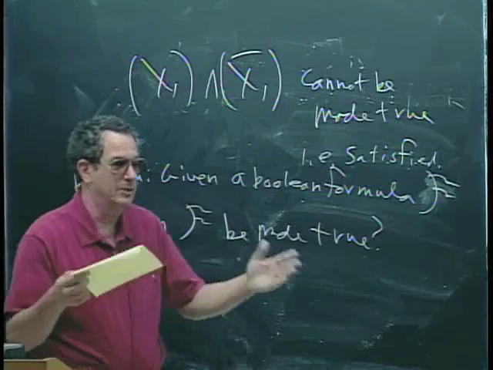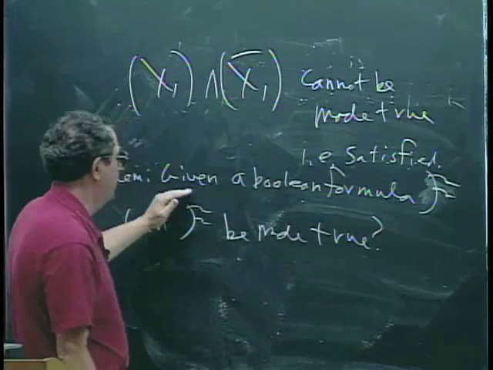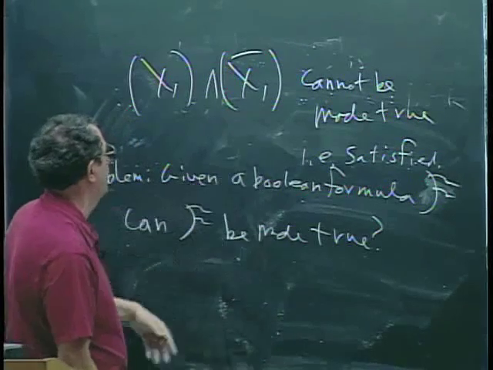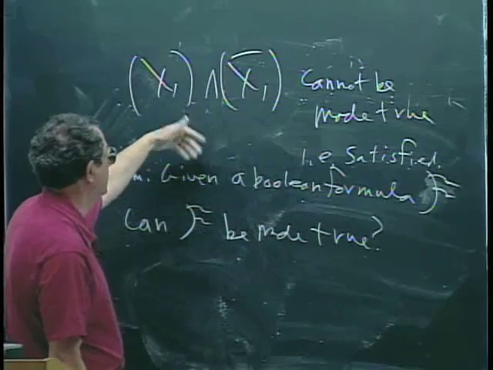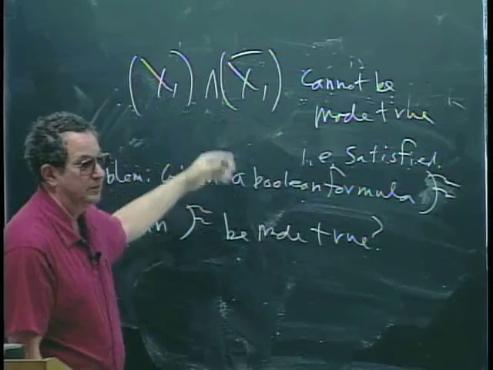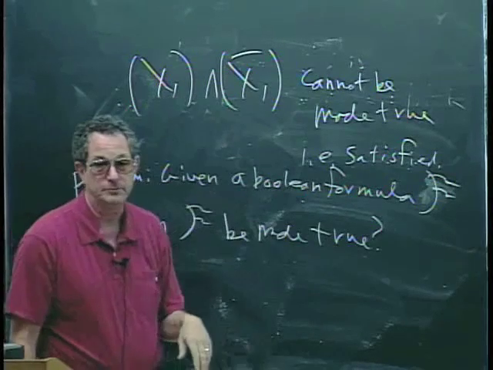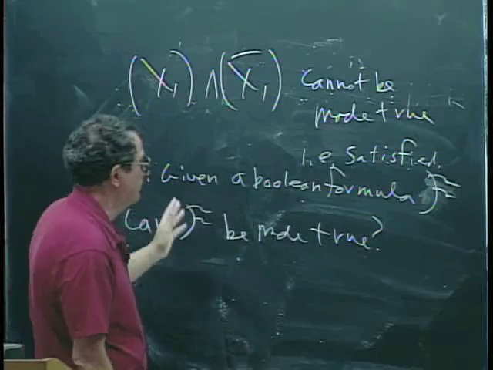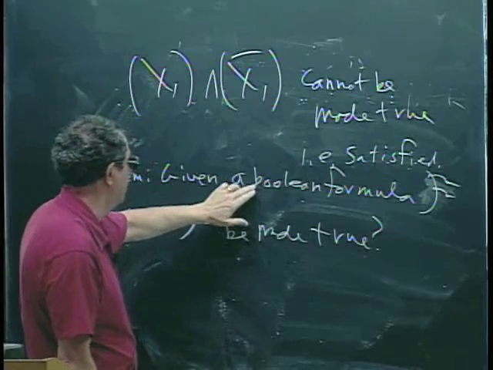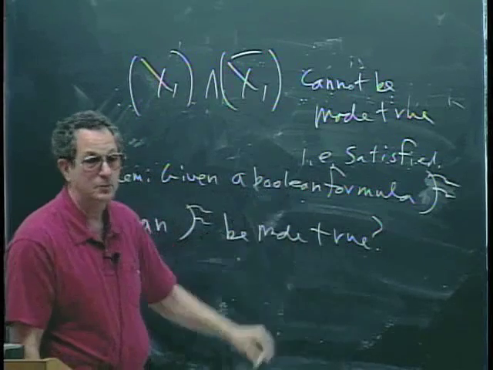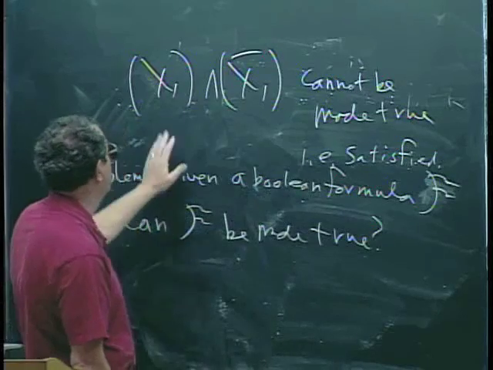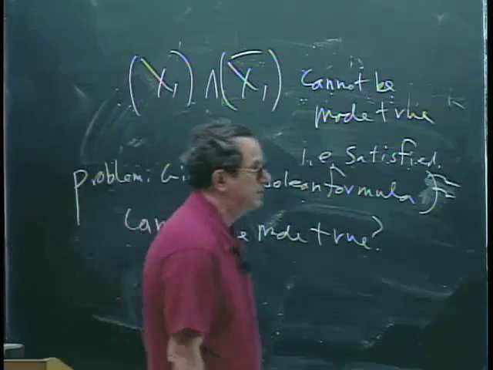So you all know how to set up truth tables to then evaluate whether or not there's a combination of true and false assignments to the variables that makes the formula true. We'll think about later what's the time bound on that algorithm, whether that's a polynomial-time algorithm or not. But anyway, here we have a problem called satisfiability.